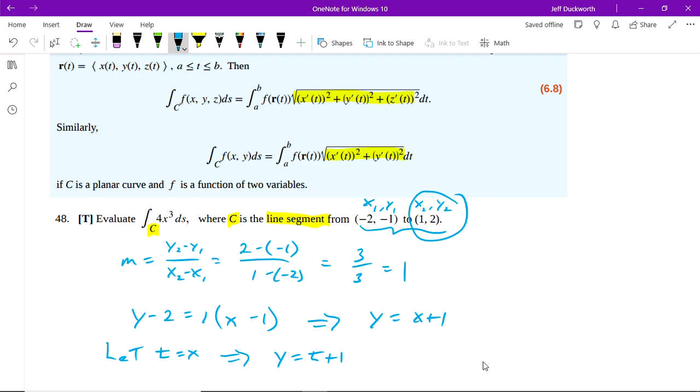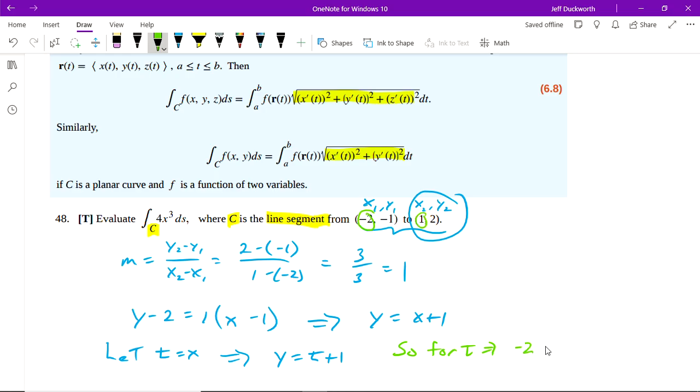And because our t is going to equal x, for t, the x values go from -2 to +1.